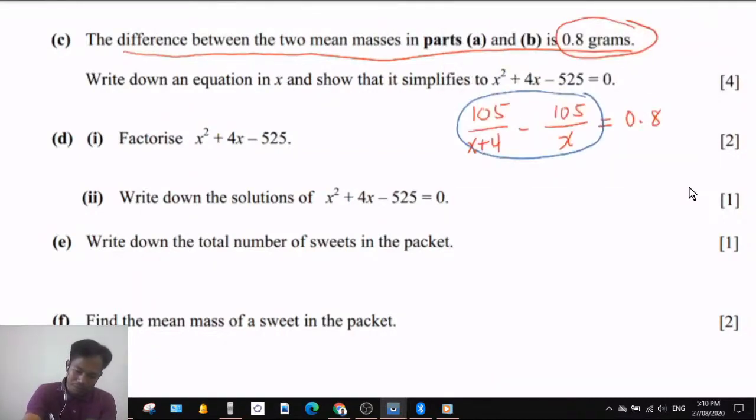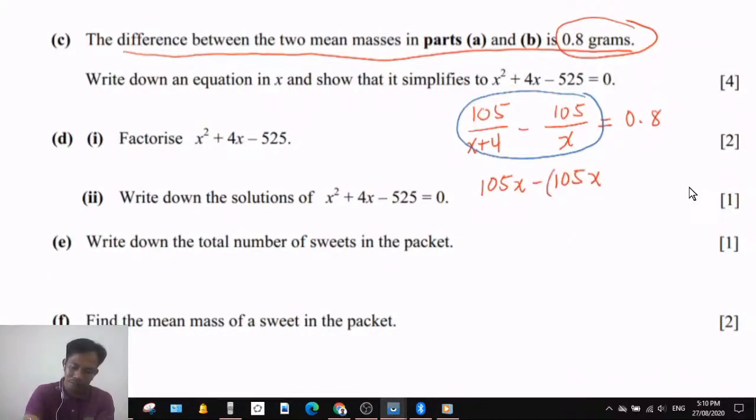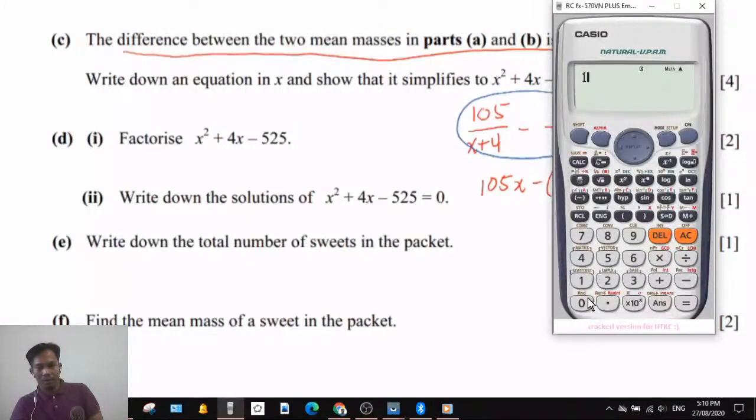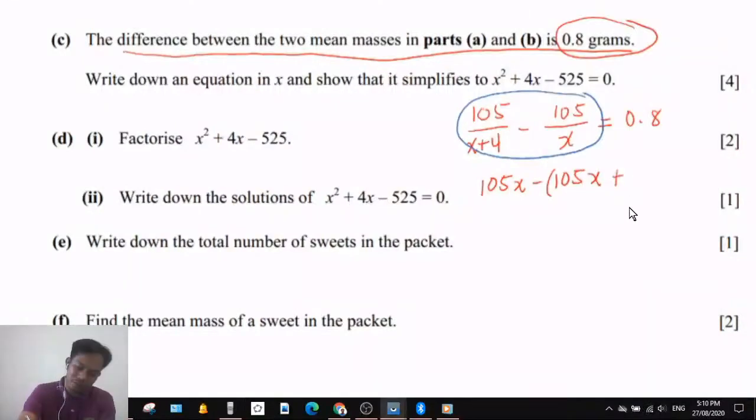So it will now become 105x minus 105 times x plus 4. You put the bracket so that you don't get confused. 105 times 4 is 420. This is equal to 0.8, over x squared plus 4x.